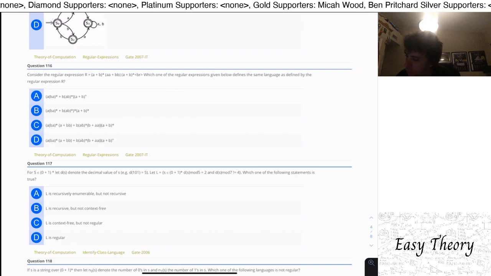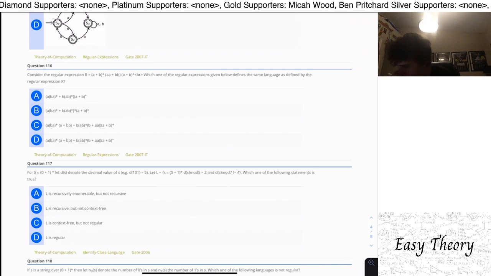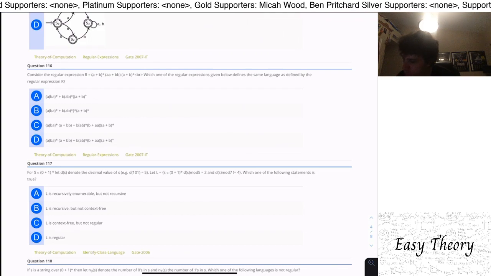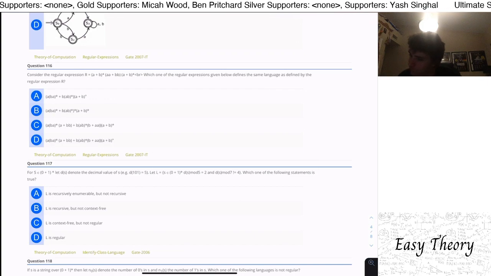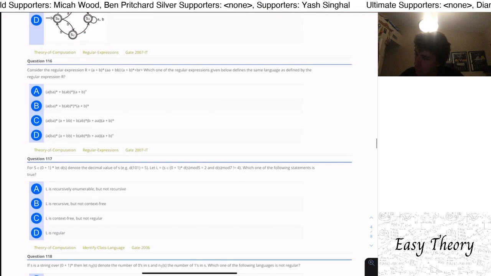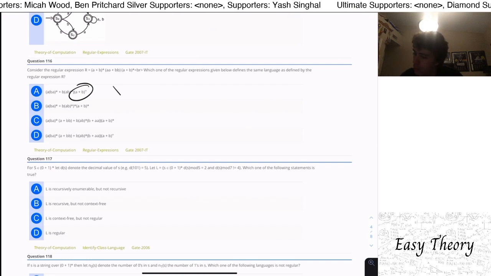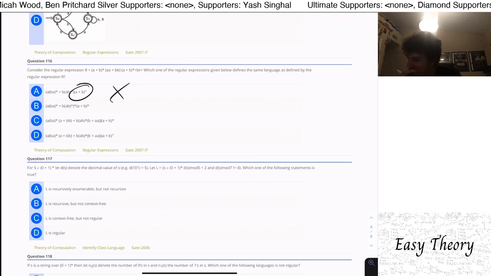Which of the following regular expressions? We already have a regular expression for it. Let's see. Well, this one won't work, so this one's not right because of the plus at the end.